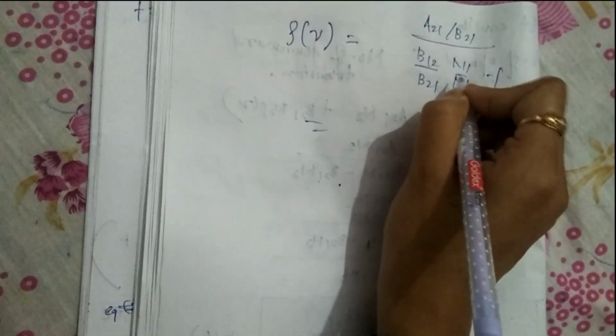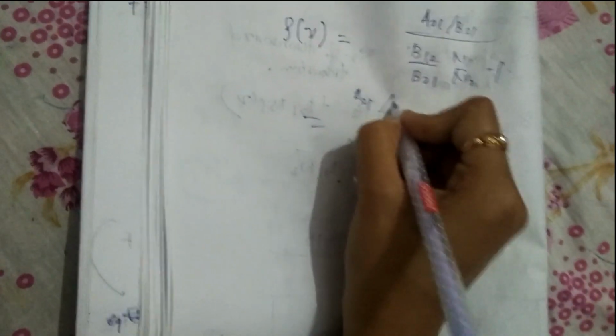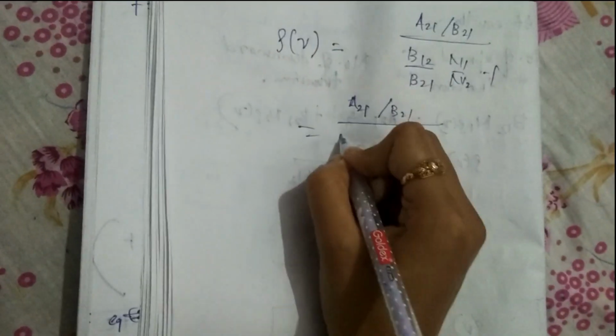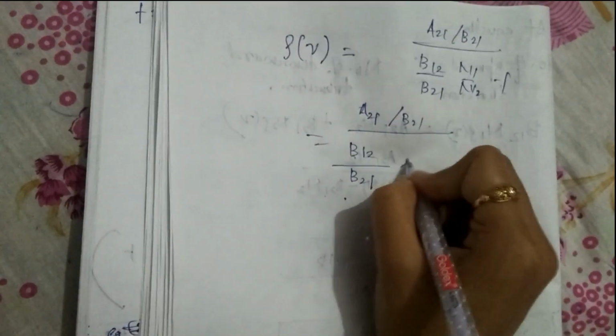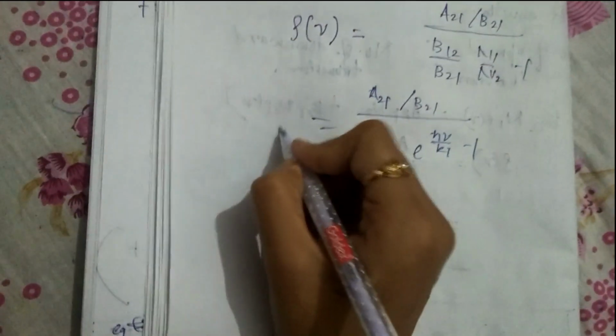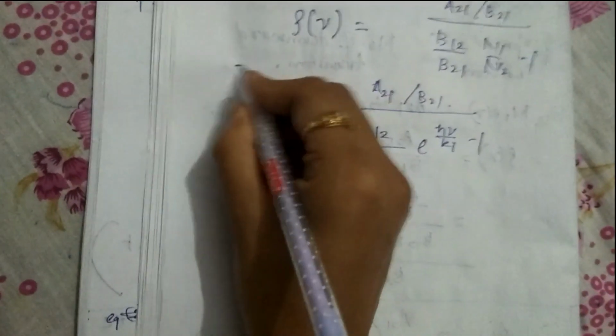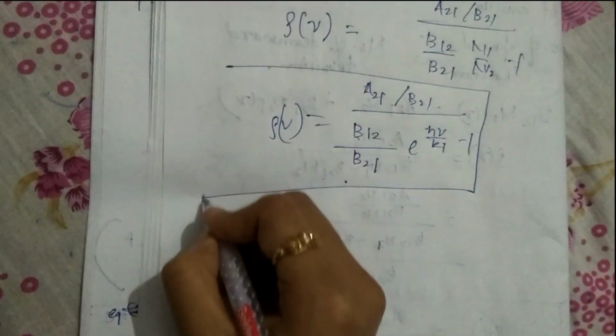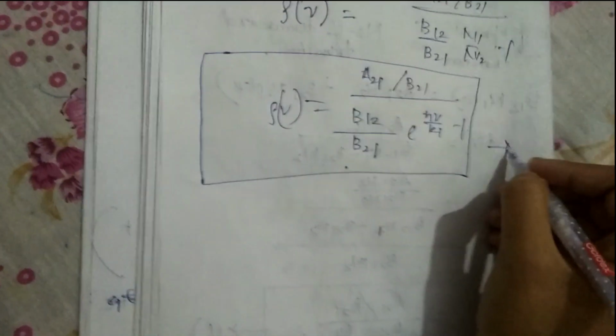We'll put the value of N1 and N2 from equation 2 here. So rho nu equals A21 by B21 divided by B12 by B21 e to the power h nu by kT minus 1. Call this equation 3.